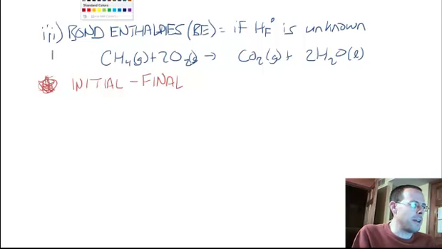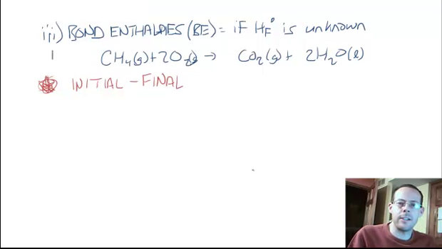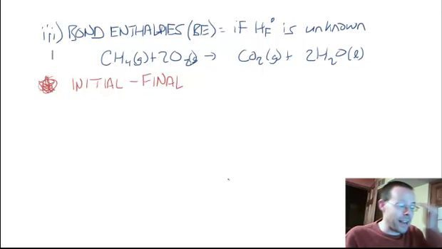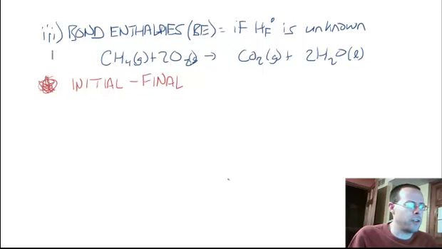It's a question that crops up again every 2 to 3 years on the AP test. It's an easy way to see if you learned this, because I imagine a common answer is the reverse sign of what you should be getting, because it's initial minus final, not final minus initial. Okay?